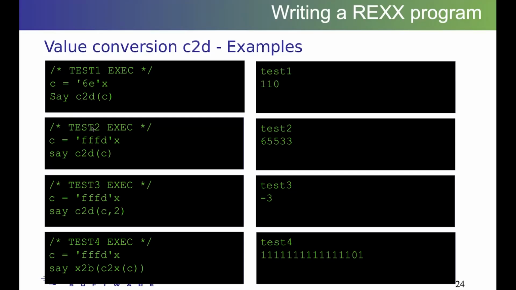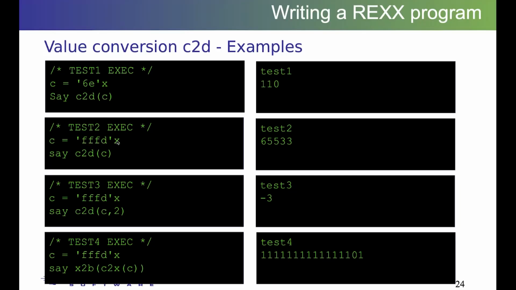The next example, test 2, we're going to take a 2 byte value this time, FFFD, and do the same thing. We're going to convert it to decimal. And that comes out to 65,533. Now, both of these examples of C2D assume these are unsigned values.